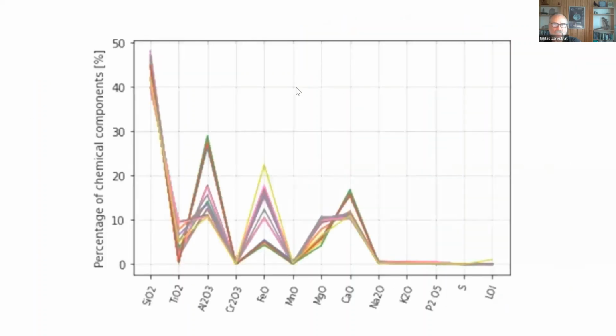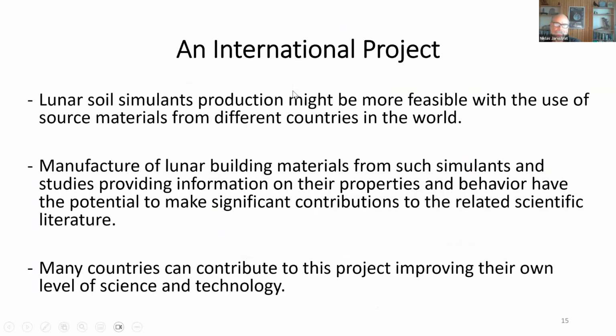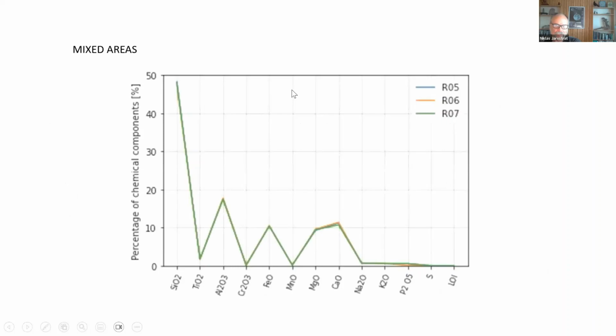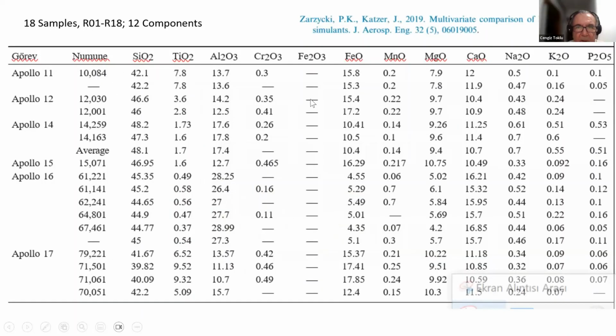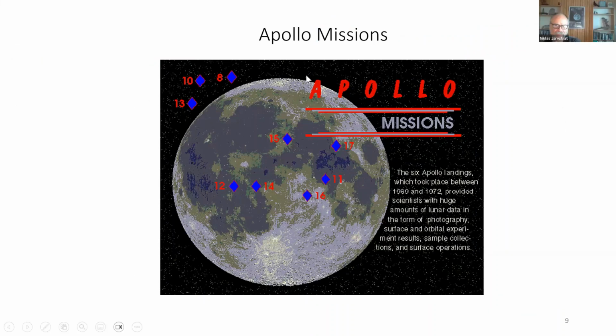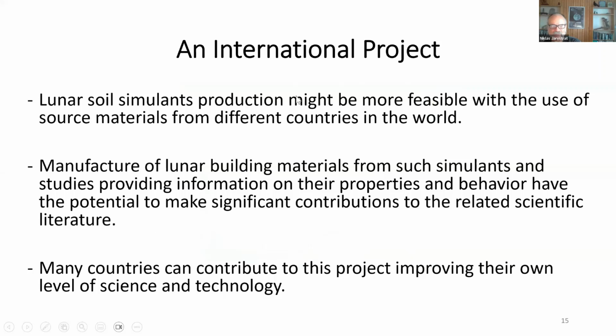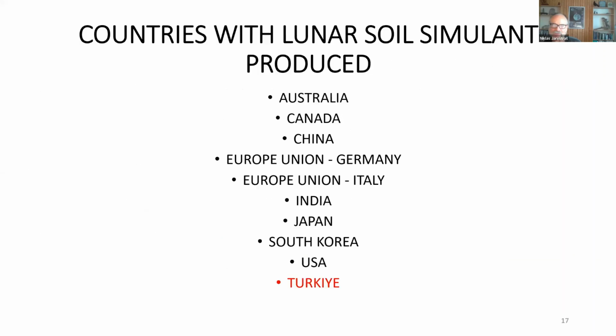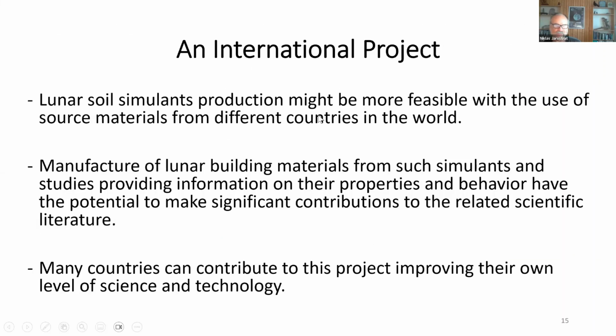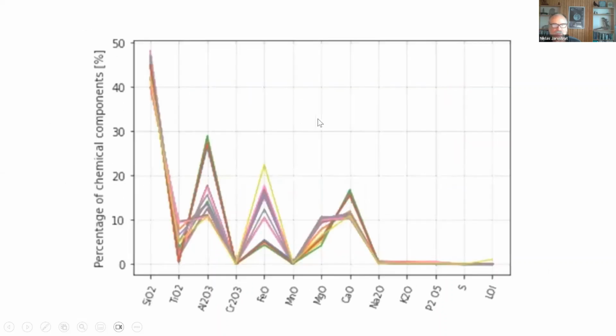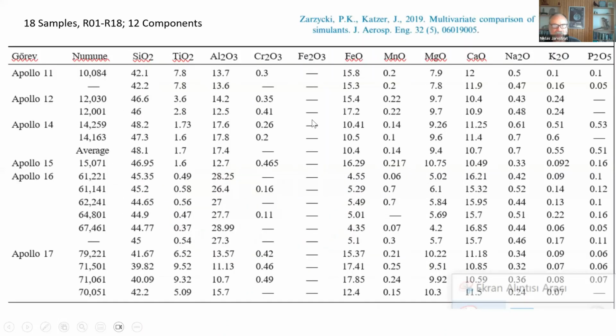This is the lunar samples, okay? Yes. And where are ours? And do you also have 0? Because I know the Japanese simulant has a fair bit of Fe2O3, and that's the only one I have had contact with, actually.